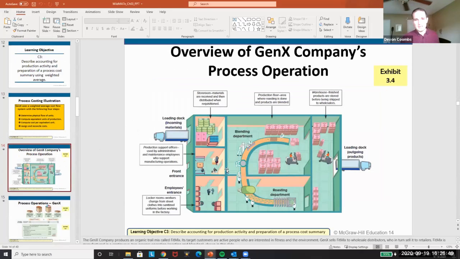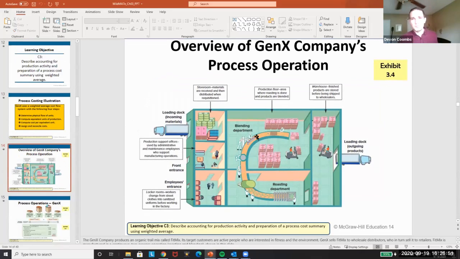And so here's an illustrative example of maybe Gen X company's operations. We have this loading dock where materials come in, we store these materials. And this is a good illustration of what it would actually look like in a warehouse. We store materials here, then there might be an office of people working to manage inventory or to manage the employees manning the floor.